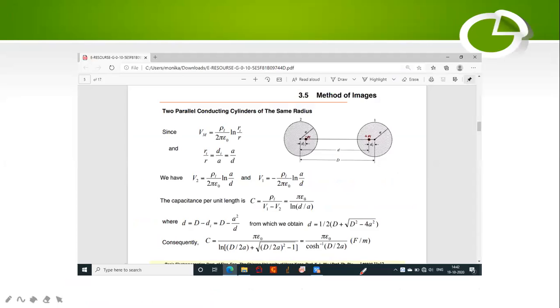Okay, so two parallel conducting cylinders of the same radius. If we have two parallel conducting cylinders of the same radius, then we just put the value of that voltage, and we can get the relations between the two radii.